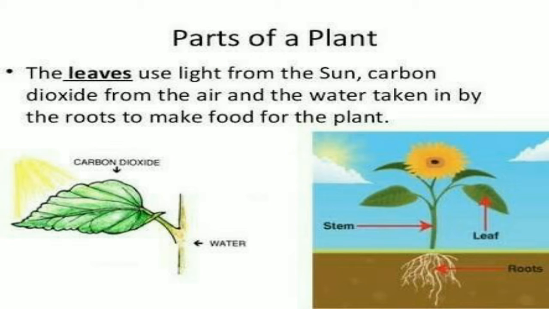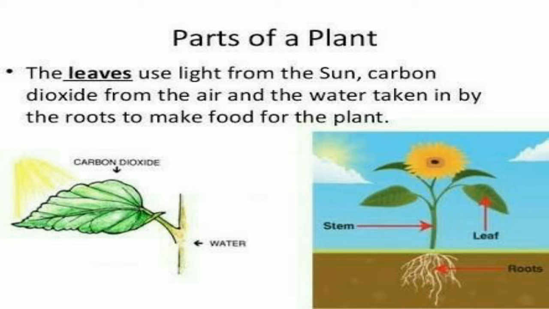The leaves use light from the sun, carbon dioxide from the air, and water taken in by the roots to make food for the plants.